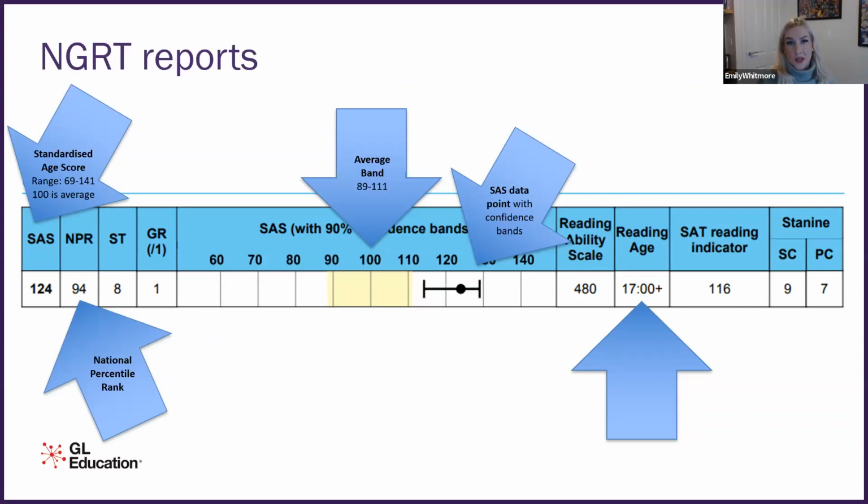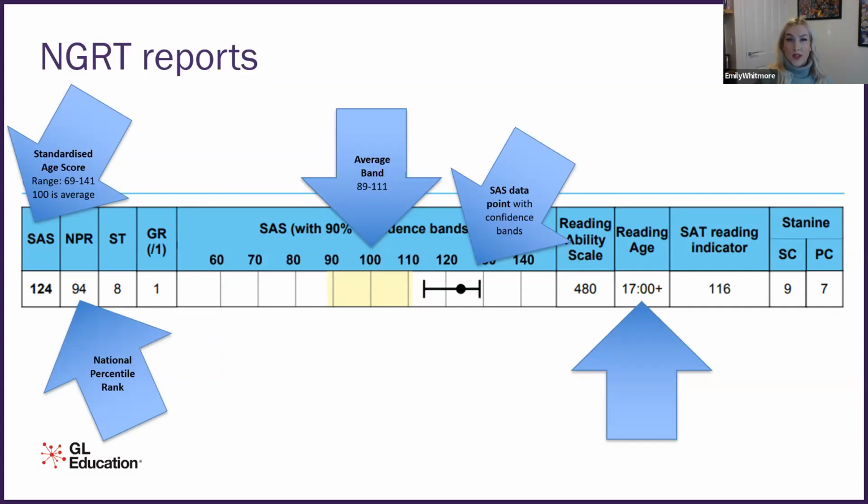Now, in my consultations with schools, I've noticed that a lot of schools focus on, as I said before, the standard age score and the reading age. And these are great data points to focus on, because again, they give you that indication of a student's reading and literacy ability and where it falls in comparison to other students of the same age.